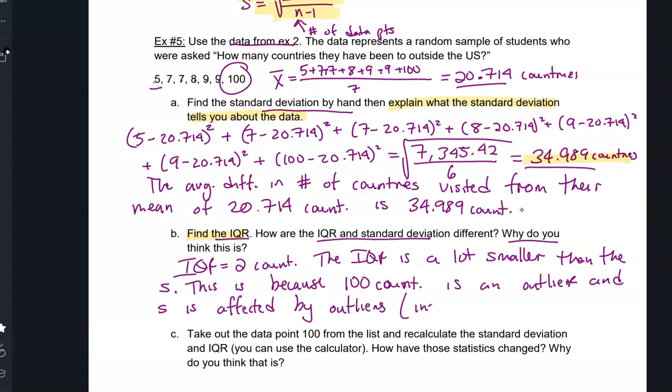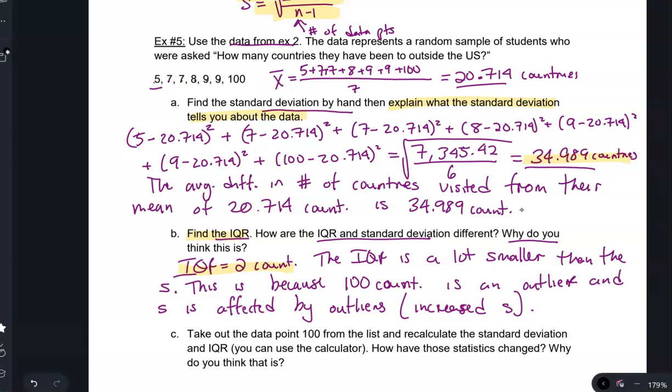In this case, it increased the standard deviation by a lot. So if we were describing this distribution, we would definitely want to say the IQR, the measure of spread that we would use is 2 rather than 34, almost 35.